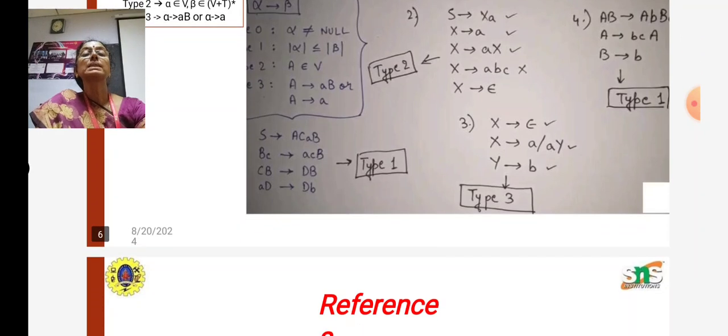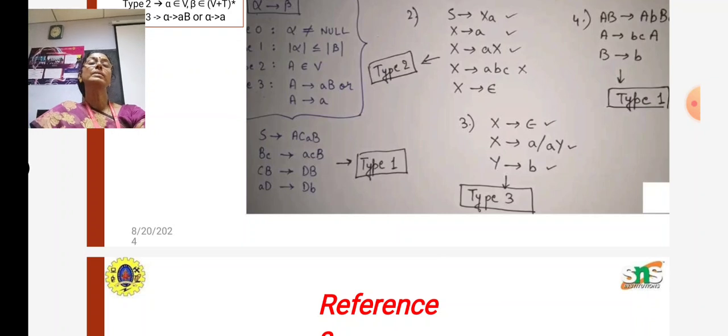Next, for example, consider S tends to capital A capital C and small a small b. Based upon the first statement, that is type 2. But in the second statement, the left hand side contains a terminal and non-terminal. If the left hand side contains more than a single non-terminal, then it is either type 0 or type 1. In the second production the left hand side has 2 symbols and the right hand side has 3 symbols.